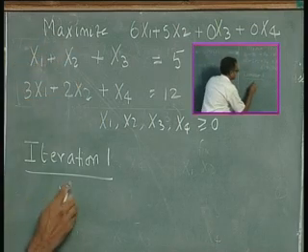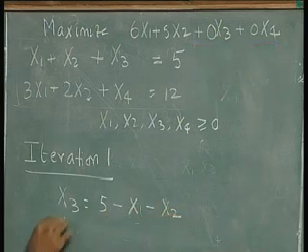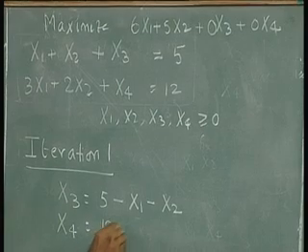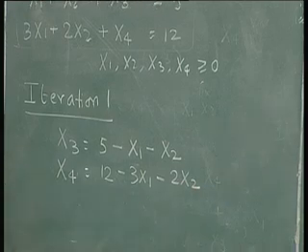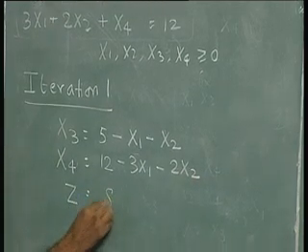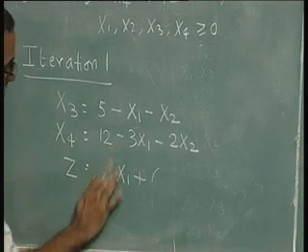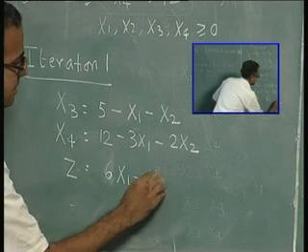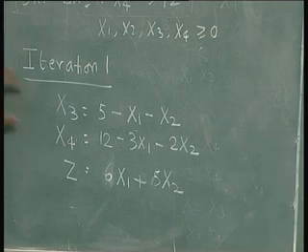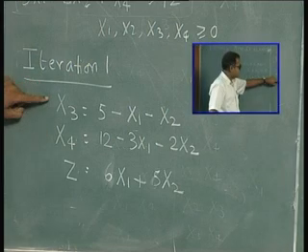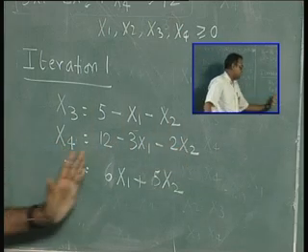So we rewrite this as x3 equals 5 minus x1 minus x2, x4 equals 12 minus 3x1 minus 2x2, z is equal to 6x1 plus 5x2. What we have done here is we have identified the basic variables, we have now written the basic variables in terms of the non-basic variables, and we have also written the objective function in terms of the non-basic variables.